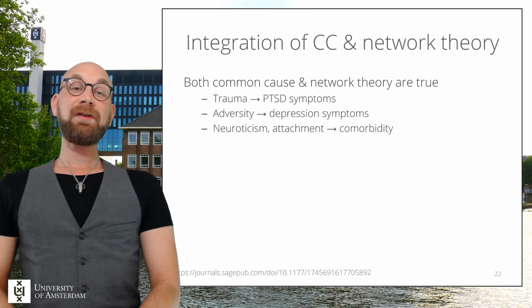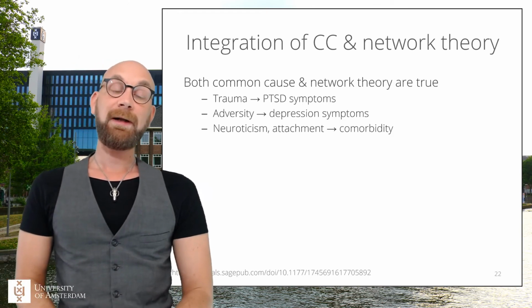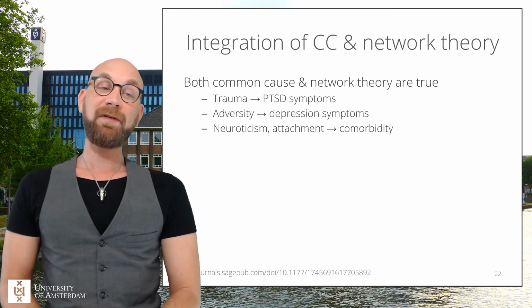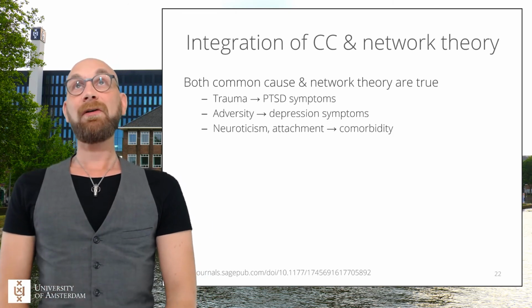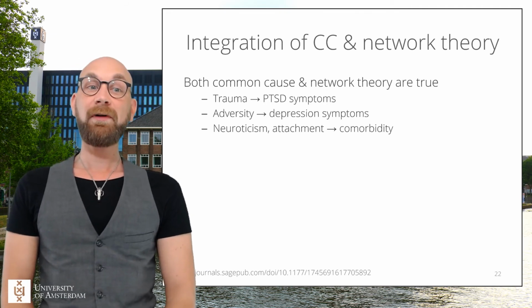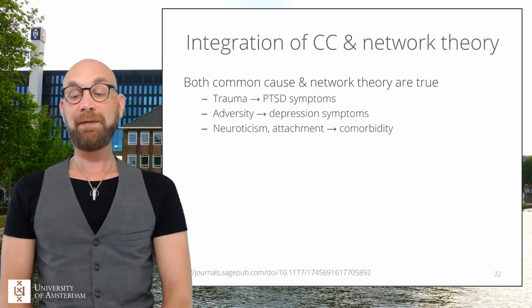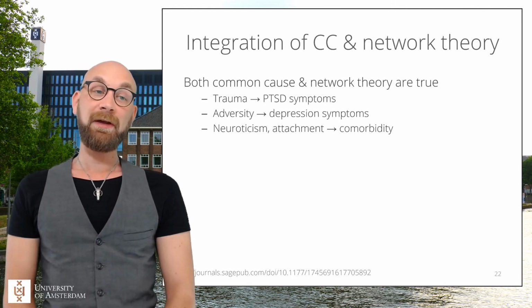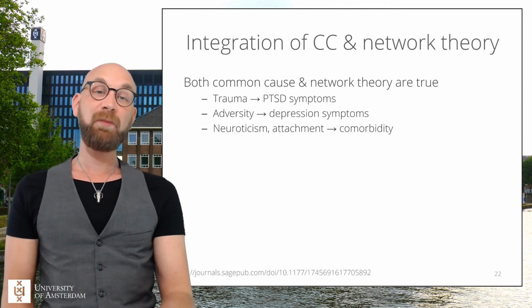One of the last points here in the first section is the integration of common causes and network theory. I'm going to talk about this in some detail later, but to me it's obvious now, after a few years of working on this, that both common cause theories and network theories are trivially true. And that the truth is in the middle somewhere. So we know that trauma is a common cause for PTSD symptoms, experiencing trauma.